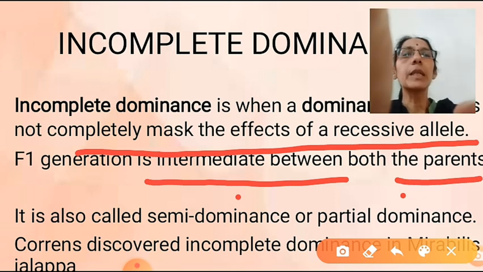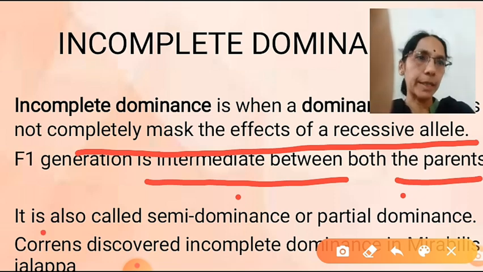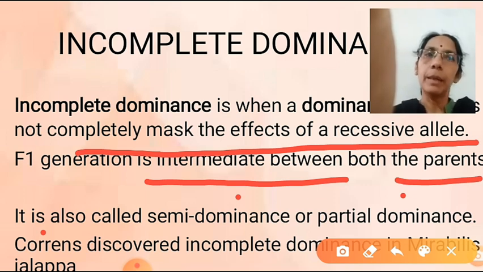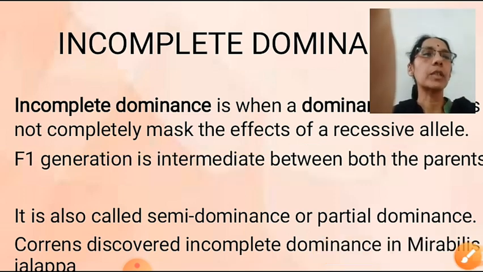It was first reported by a scientist, Correns. Dominant and recessive were first reported by Mendel, but incomplete dominance was first reported by Correns, and he noted this in two or three plants. One is Mirabilis jalapa, the other is called dog flower or snapdragon, Antirrhinum.